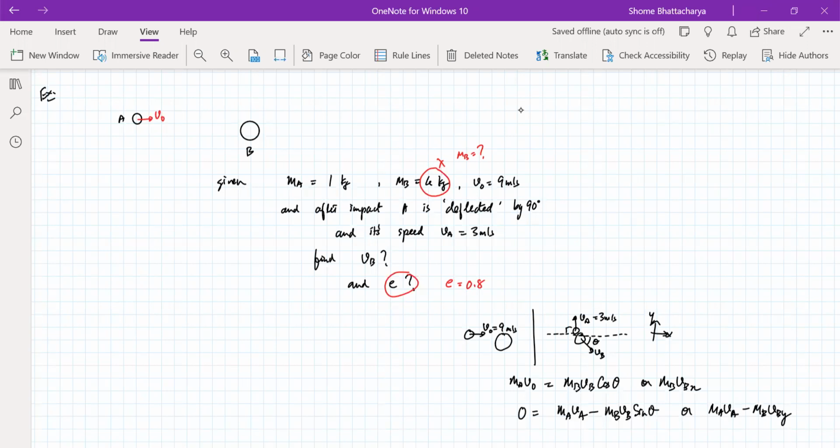So from equation 1, we'll get one component of B's velocity. From equation 2, we'll get another component of B's velocity. But that is provided we know the mass of B, which is given in this case as 4 kg. But then that is giving us a nonsensical result for E, the coefficient of restitution. So let me just check out how we can adjust the mass of B so that that will not happen.